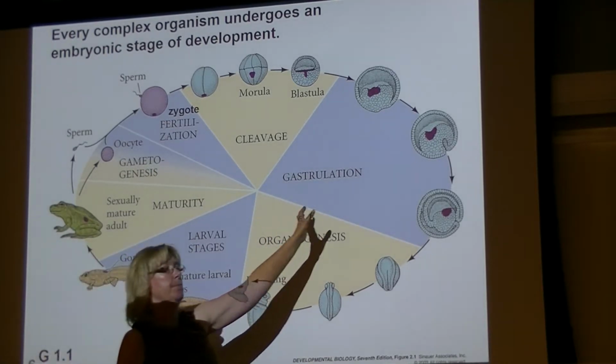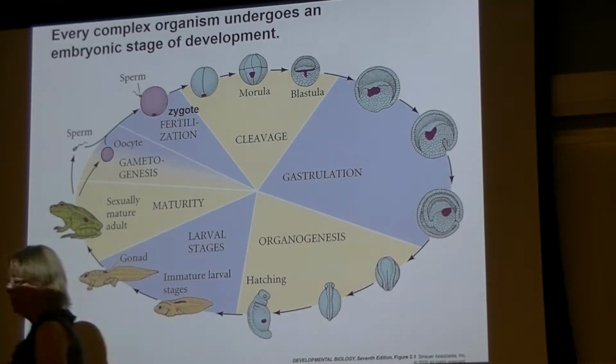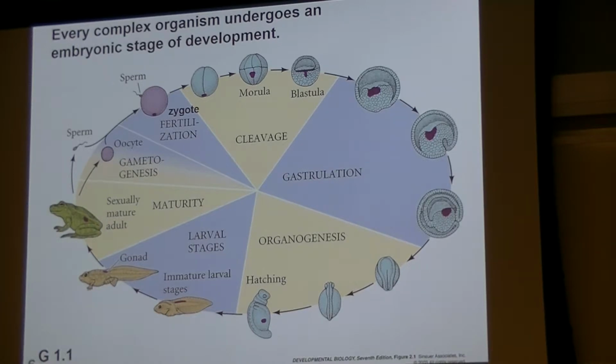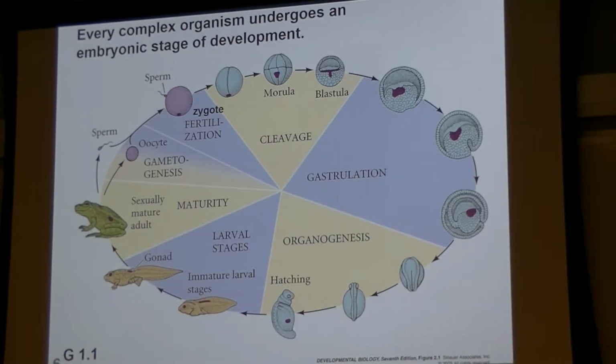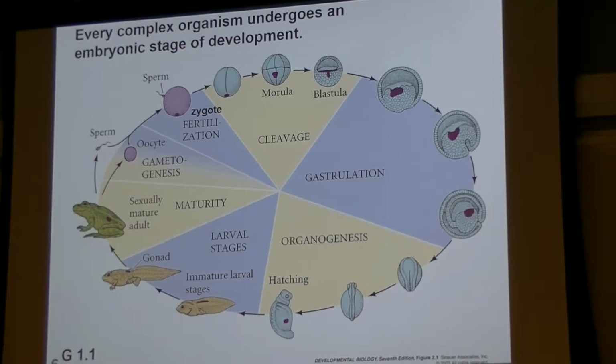Then, many organisms, most animals, go through this process known as gastrulation. And this is a very dramatic time in the life of the embryo, because what is a pile of cells now goes through this massive rearrangement. And you'll literally see whole tissues of cells moving to new locations in the embryo. It's almost as if the embryo turns itself inside out. It's that dramatic of a rearrangement.